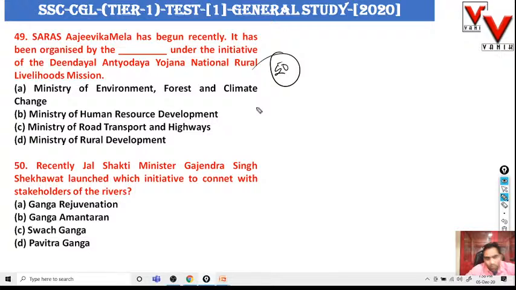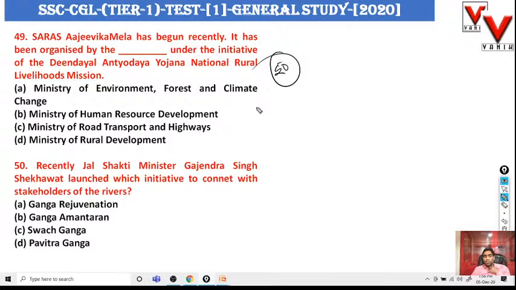Okay, so that means this is the initiative of the Jal Shakti Ministry. Ganga Amantran is the initiative of the Jal Shakti Ministry, which connects with the stakeholders of the rivers.